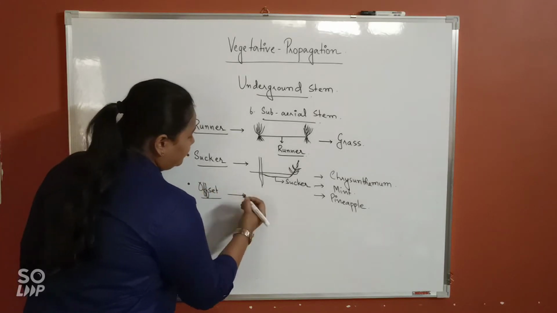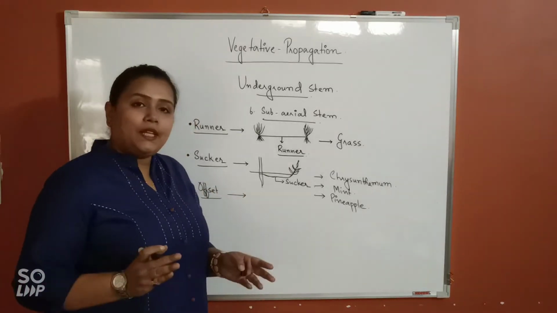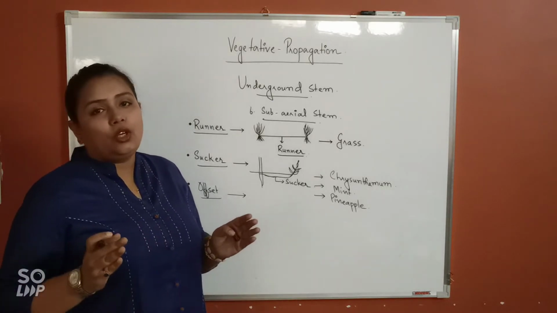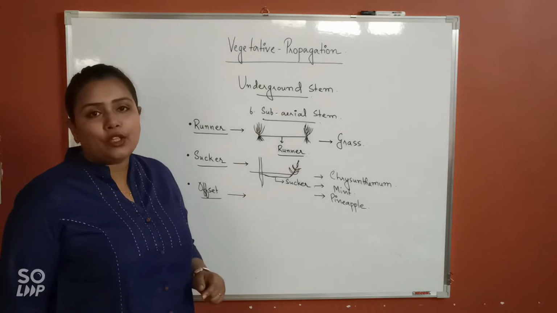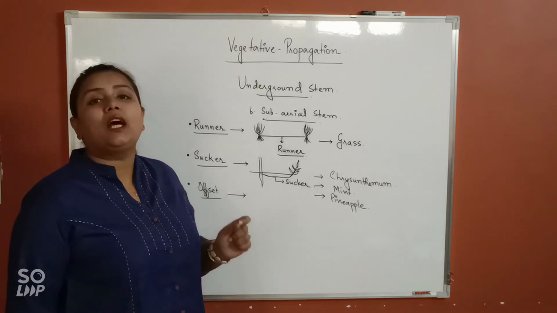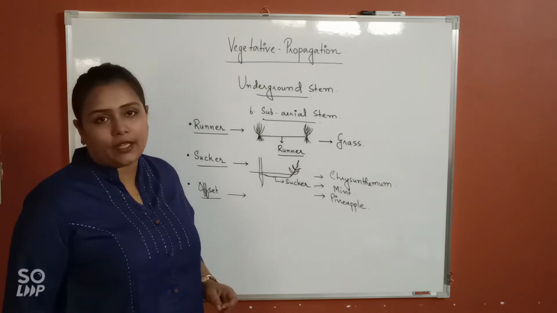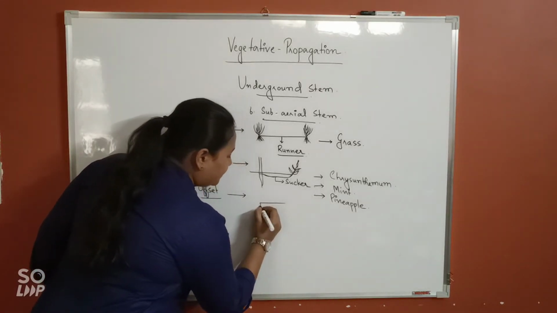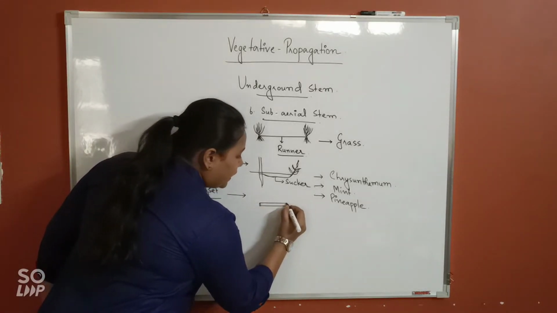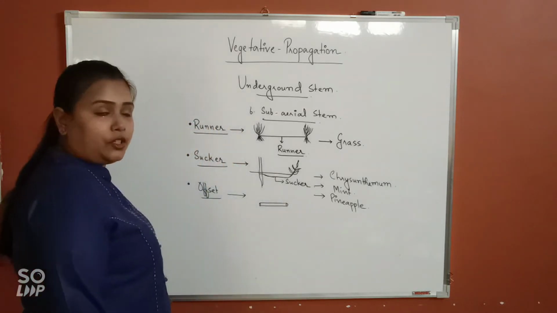Offset. Offsets are like 1 internode long runners, okay, small runners, and they are mainly going to be found in rosette and aquatic plants or hydrophytes. Alright, so they are going to be appearing like this. Suppose this is the structure.